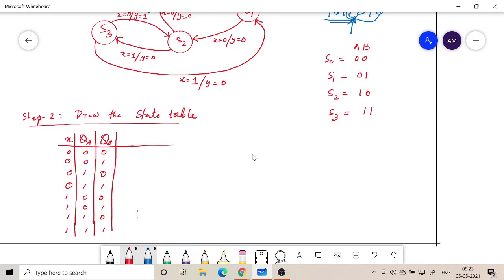Okay, all right, so now we need to give the information concerning how the states change depending upon the present state and the input that is coming. The state is going to change, and so the new state I'm going to denote as QA plus and QB plus.